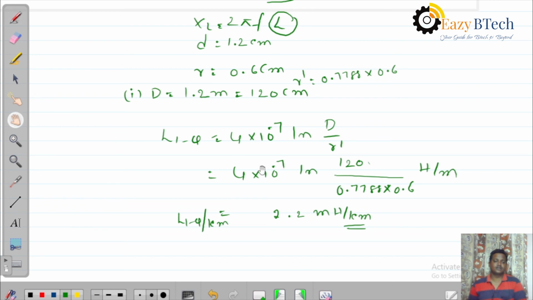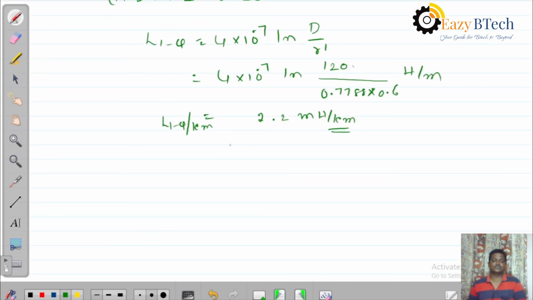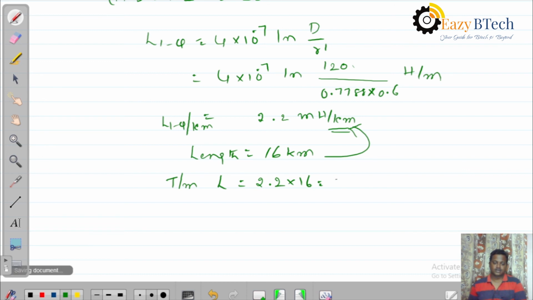What is the given length? The length of the transmission system is 16 kilometers. Therefore, multiply this with 16, then we get the transmission line inductance: 2.2 into 16. How much do you get? 35.52 millihenry, that is the inductance.